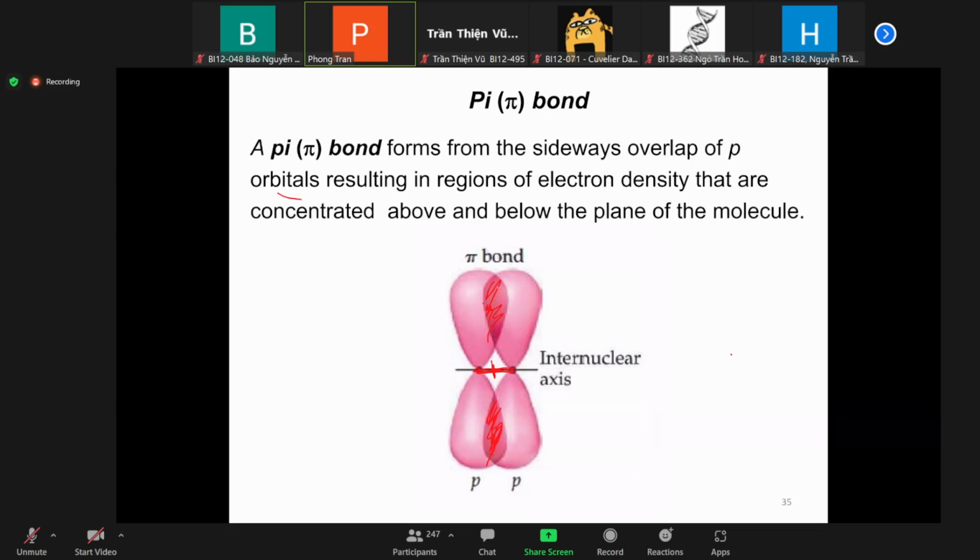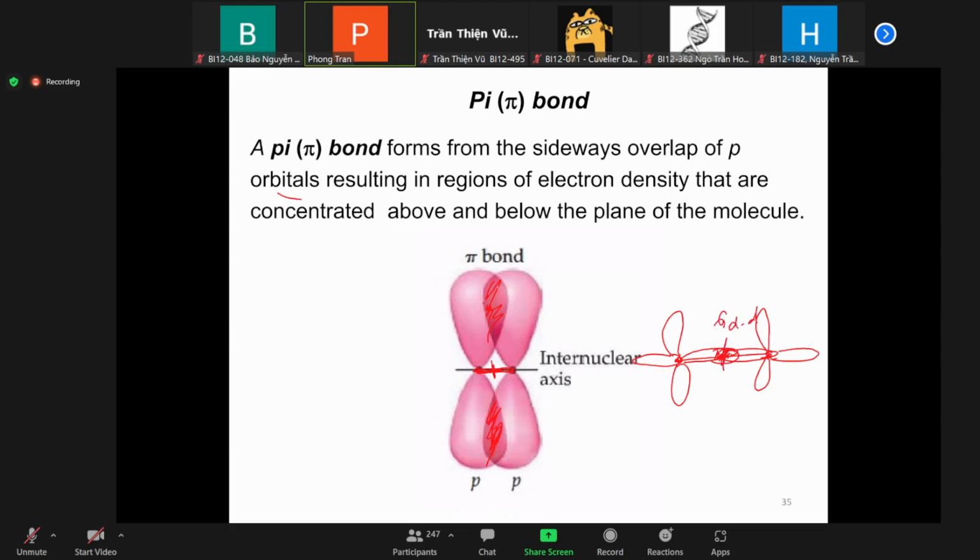But for the d orbital, you can do the same thing. Let's say the d orbital, you can have this. So in that case, you have two nuclei and you have an overlap in between. So here you have sigma dd.